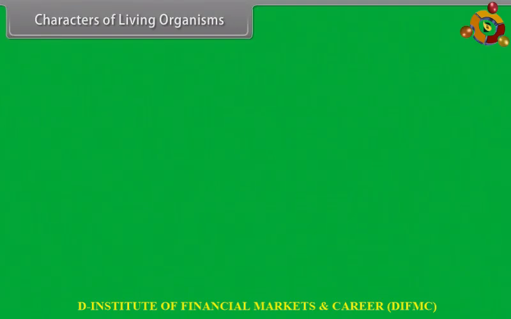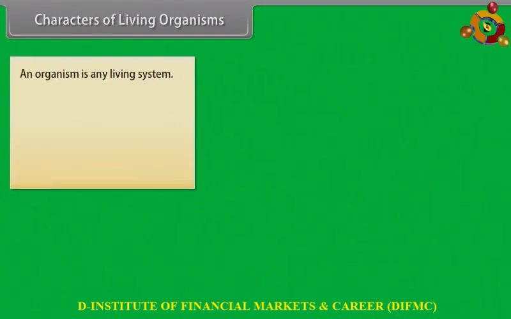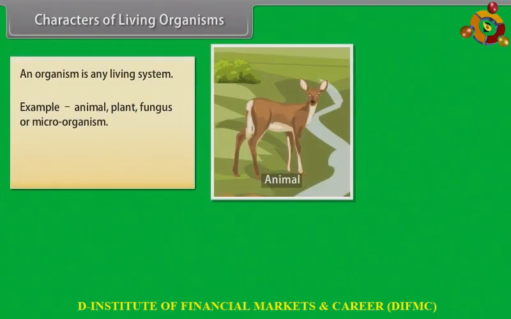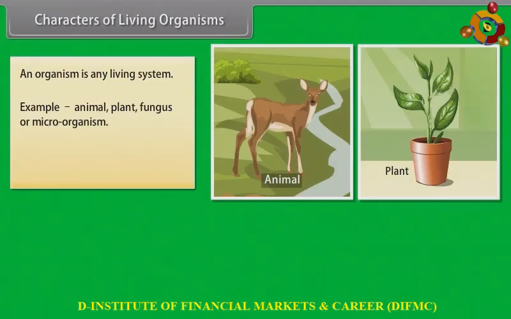Characters of living organisms. An organism is any living system. Example, animal, plant, fungus, or microorganism. All the living things are called organisms.